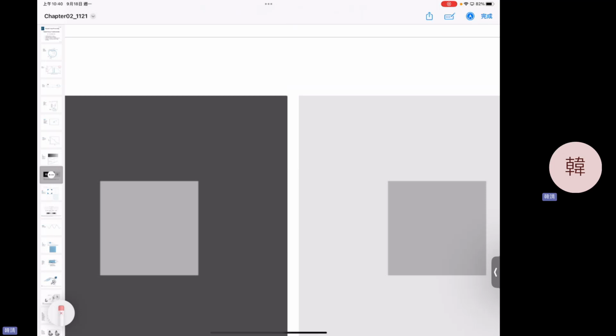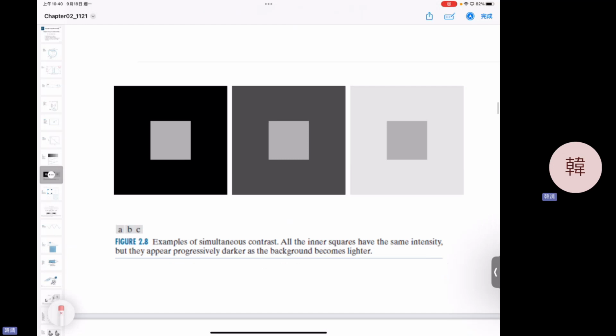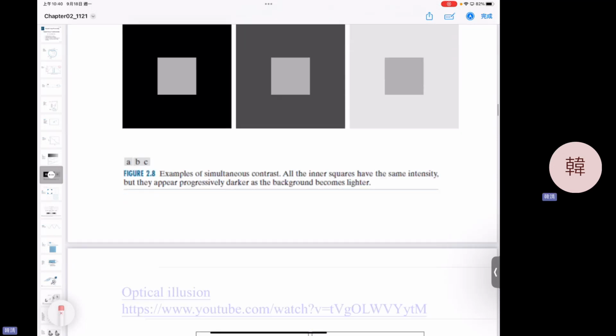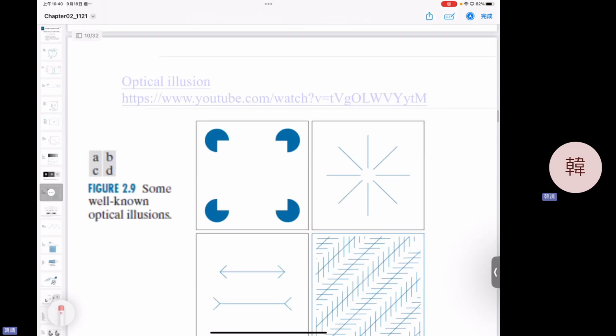If you compare them together, just have a quick look, the right inside box must be darker than the other two. So we call it simultaneous contrast. The inner squares have the same intensity but appear progressively darker when the background is lighter.